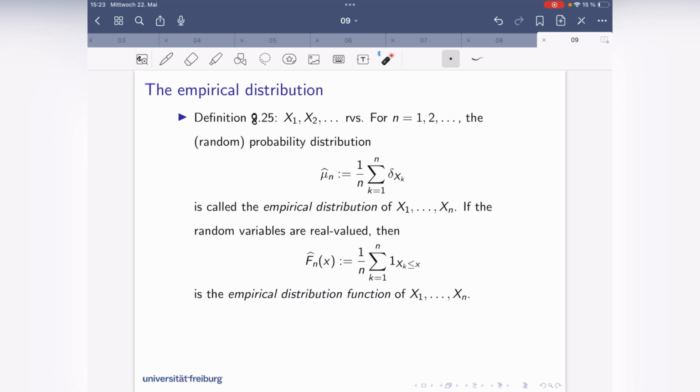And in statistics, that's what you always draw when you have some data. You want to see how your data is distributed. You draw something like the empirical distribution. That's the delta mass at xk, summed over all n. That's the empirical distribution.